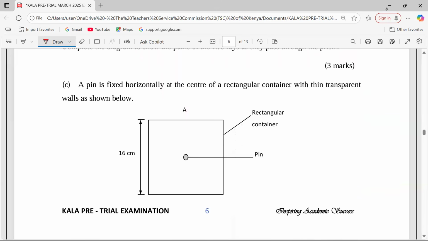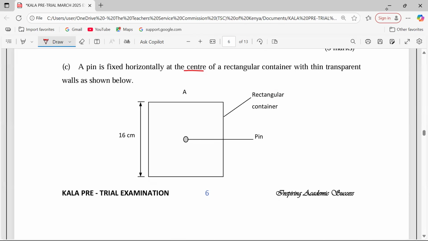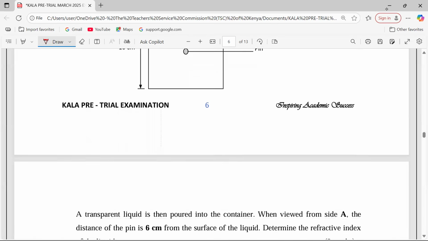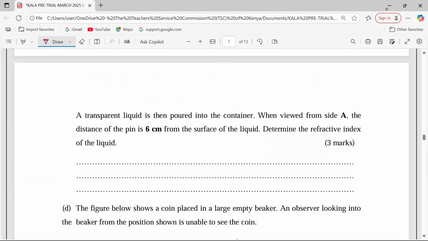Part C of this particular good paper. A pin is fixed horizontally at the center of a rectangular container with thin transparent wall as shown in the diagram. So we have the pin, rectangular container, 16 centimeters depth. Now look at the question that follows.